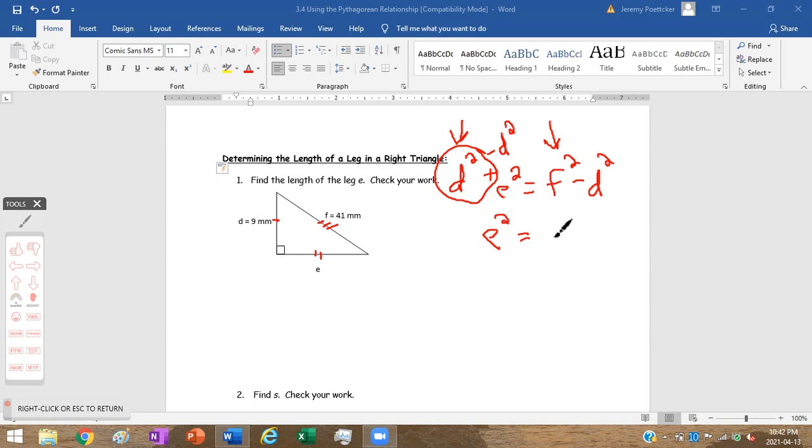Now I've got a new formula. e squared equals long squared, f squared, minus the short squared that I know.